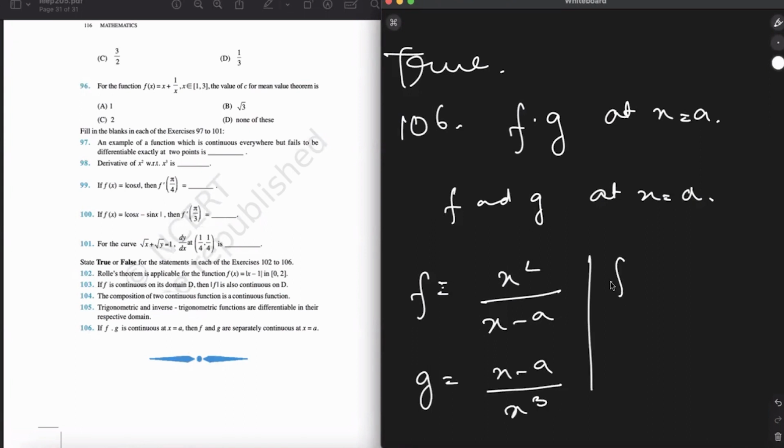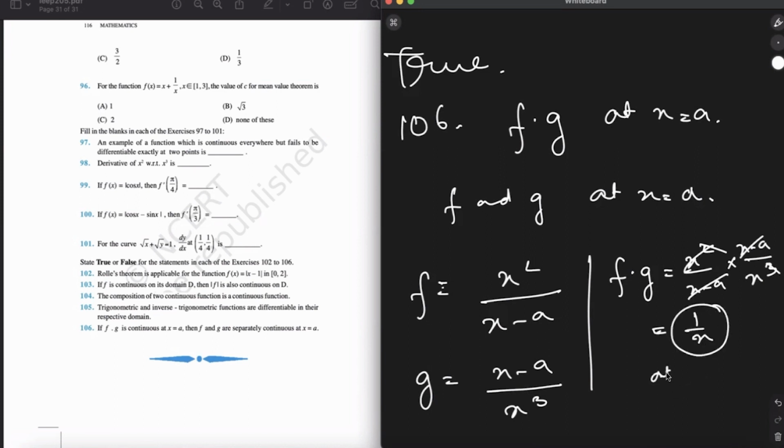Now, when you find f dot g, what do you get? x square upon x minus a into x minus a upon x cube. So it will be 1 upon x. Now this is continuous at x equals a.